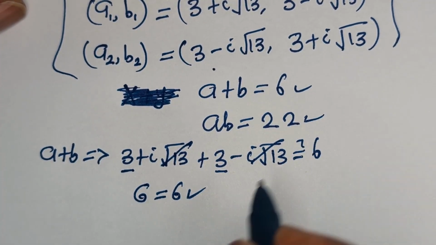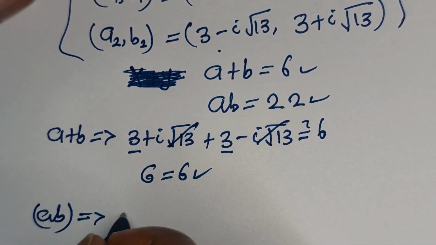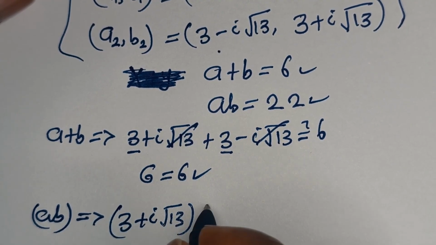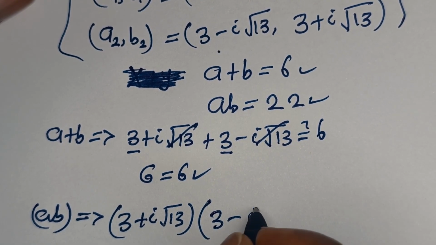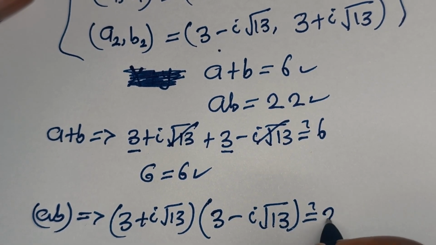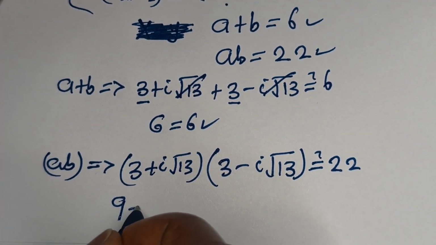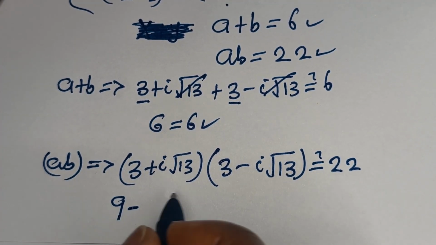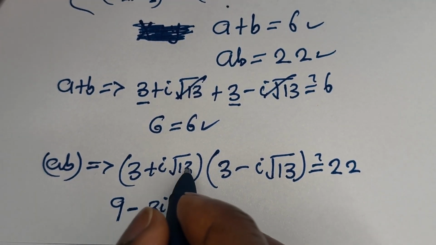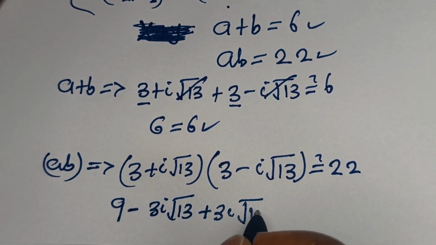Now let us consider ab. This is 3 plus i root 13 multiplied by 3 minus i root 13, must be equal to 22. 3 times 3 is 9, minus 3 times i root 13, we have 3i root 13. i root 13 multiplied by 3 is plus 3i root 13.